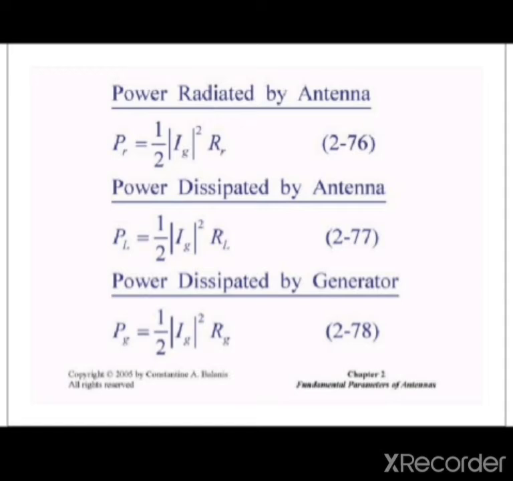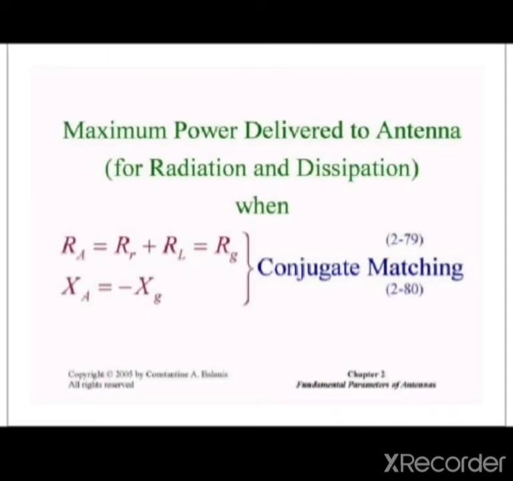The power dissipated by the generator is half into Ig square into Rg, the generator resistance. So the efficiency of the antenna depends on the radiation resistance and loss resistance. The total resistance is RR plus RL.